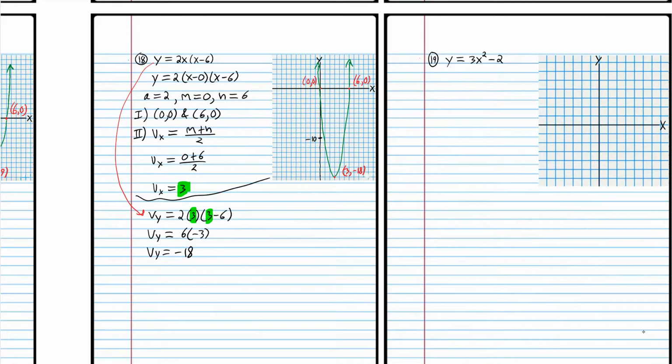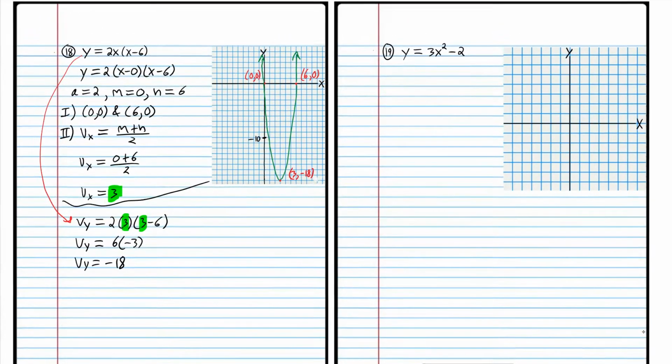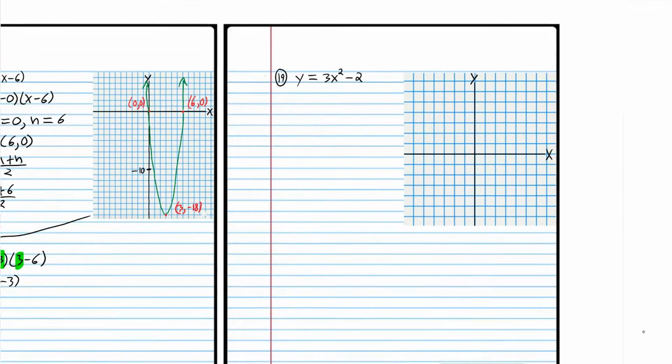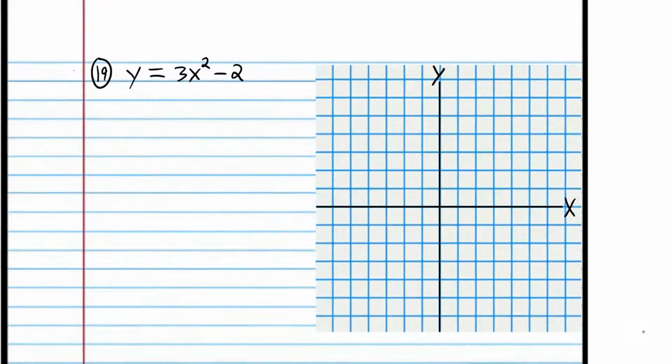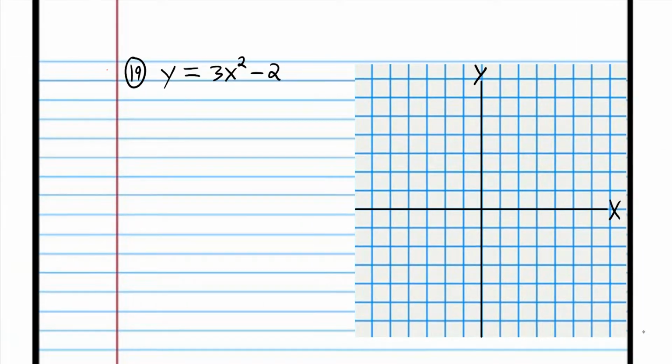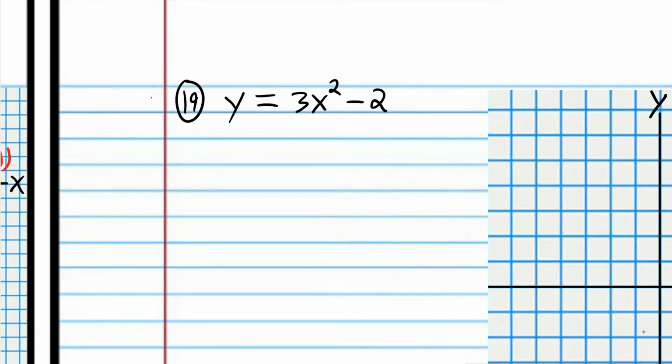Again, we're just exploring different forms of the quadratic expressions. Okay, so now we have yet another form, and now b is equal to 0, but c is not equal to 0, and a is not equal to 0. So you can interpret this in standard form as 3x squared plus 0x minus 2, because there's no b value. B is just 0.